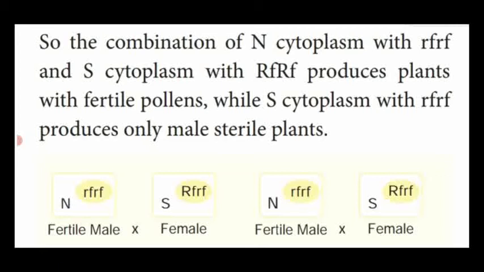Then the S cytoplasm, the sterile cytoplasm, with capital RF and capital RF produces the plant with fertile pollen, while the S cytoplasm with small rf, and rf means recessive, makes male sterile plants.